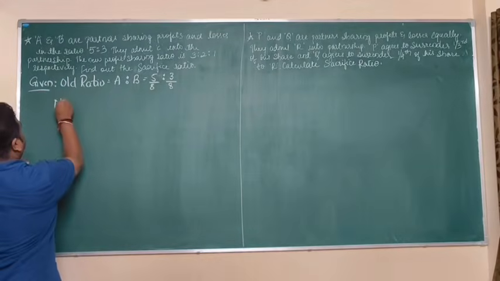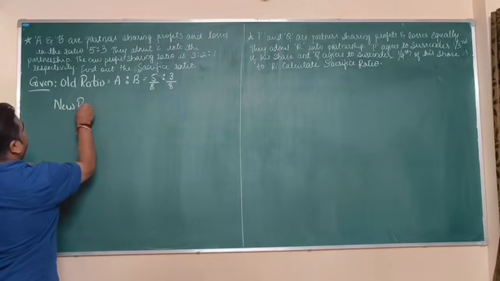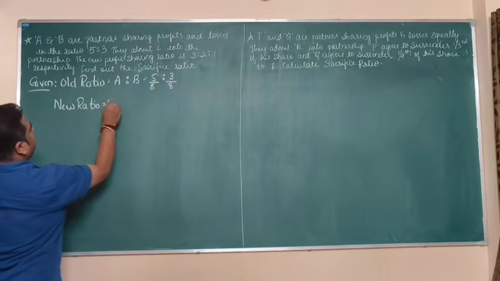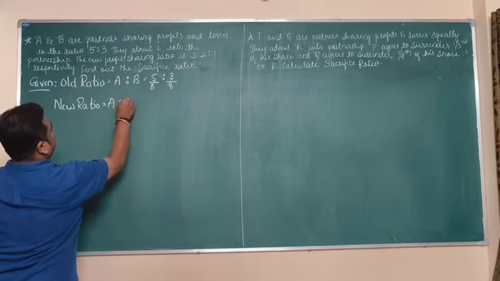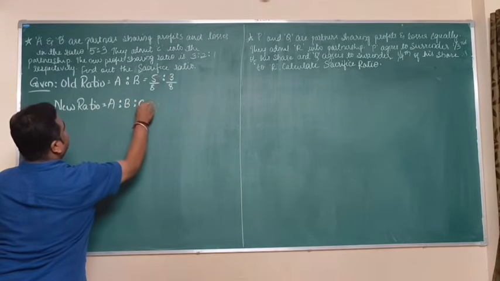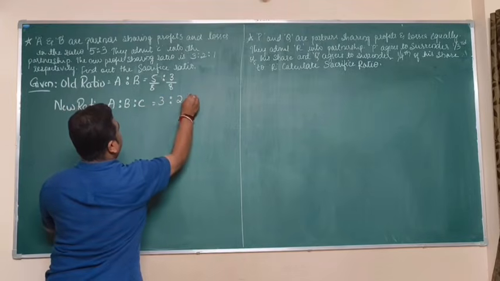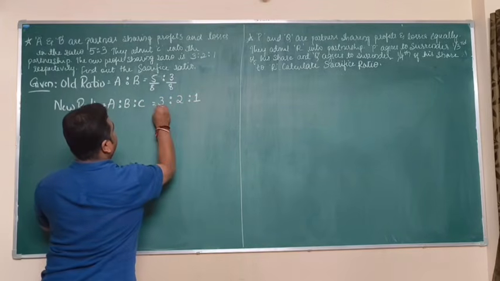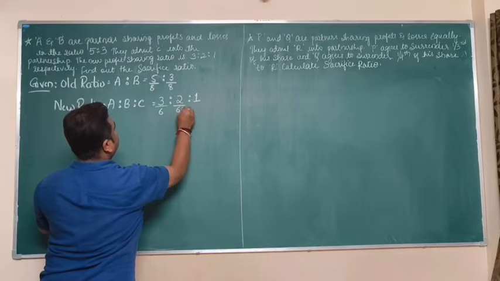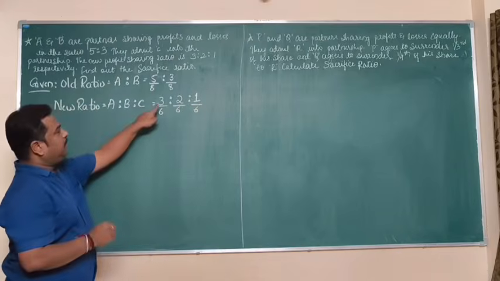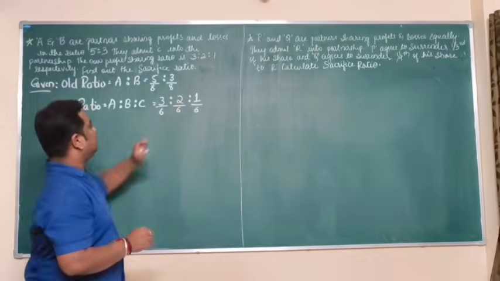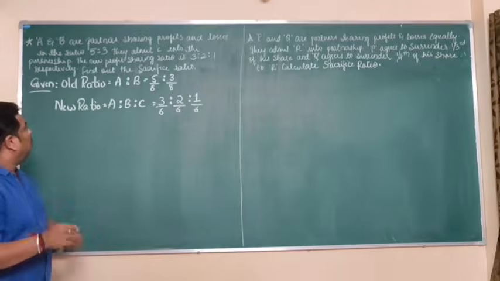Then new ratio is A is to B is to C, that is 3 is to 2 is to 1. 3 plus 2 is 5, 5 plus 1 is 6, so 3 by 6, 2 by 6 and 1 by 6.